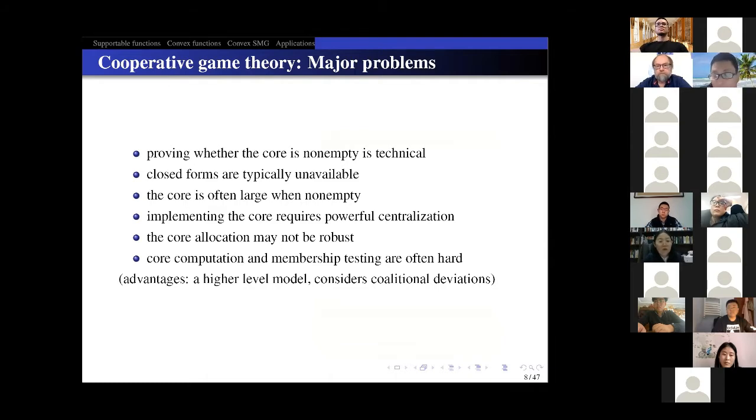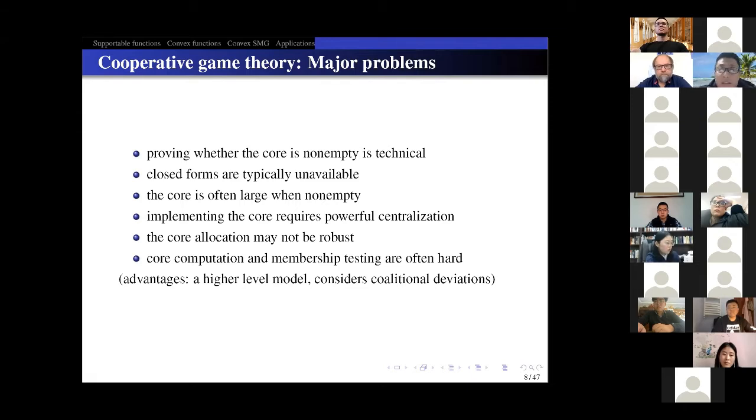And I'm happy to see that the talk of Professor Mazalov studies cooperative game theory with partition forms. That is a very important topic. And also in cooperative game theory, we usually don't see the strategic behaviors of players.